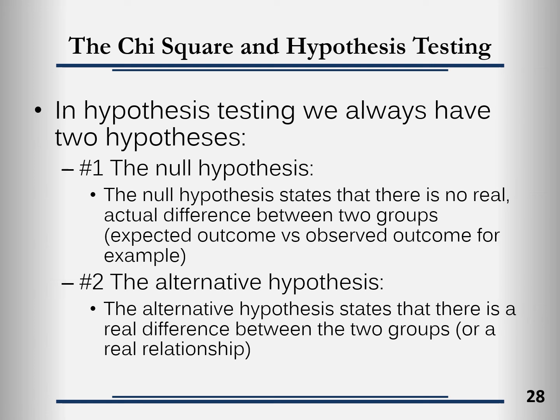The alternative hypothesis says that there's a real relationship here. There's some sort of underlying mechanism that is explaining the differences between these two groups. So the alternative hypothesis says something is going on, but the chi-square cannot tell you what that something is.